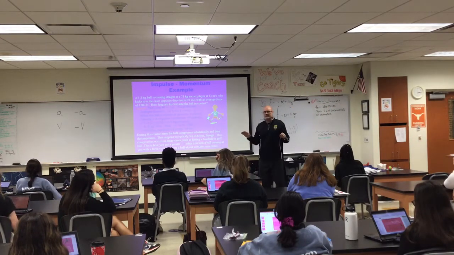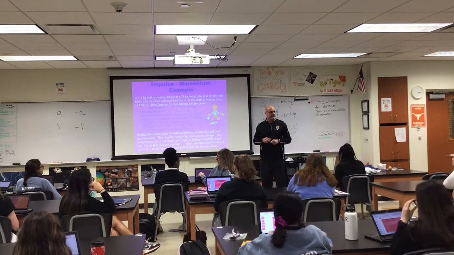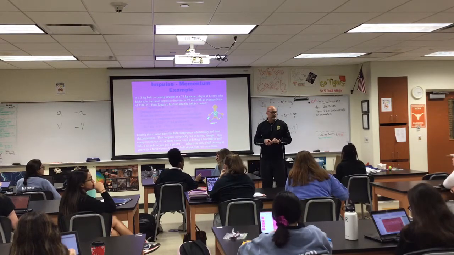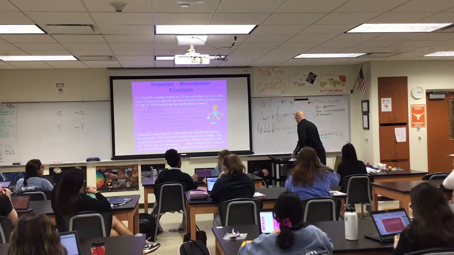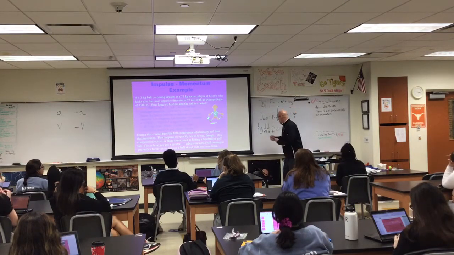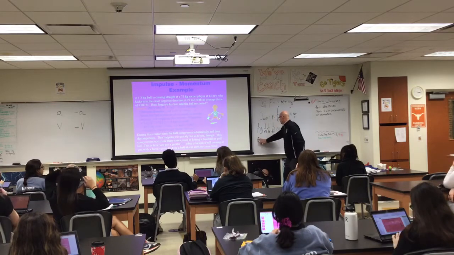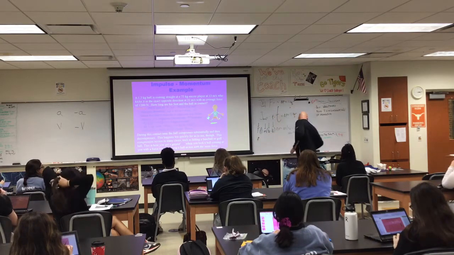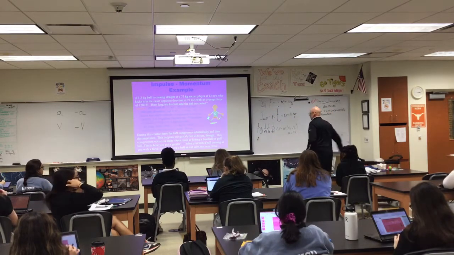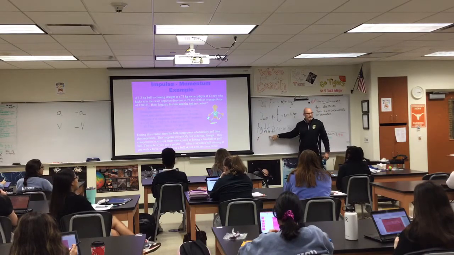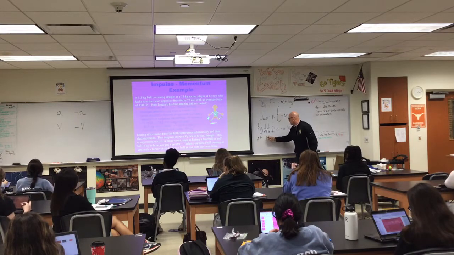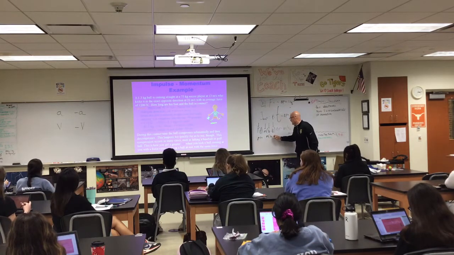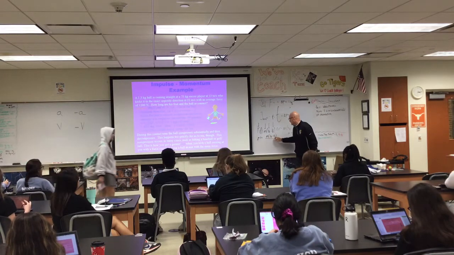Any final questions? Yeah. So, I know that F, so here, do you recognize this formula right here? Wouldn't T be equal to M times VF minus VI over F?